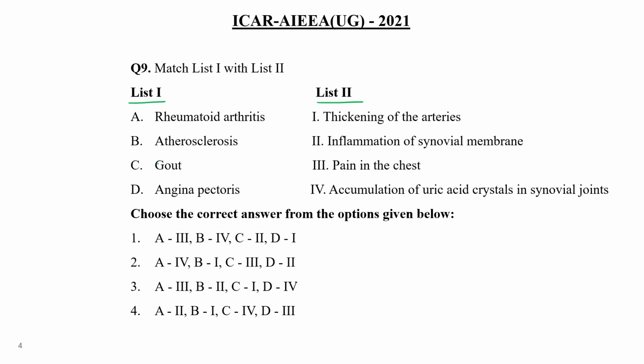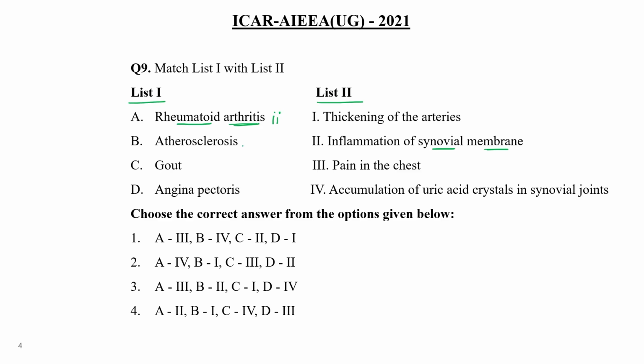So rheumatoid arthritis is a joint-related problem in which inflammation of the synovial membrane occurs in the knee joint. So A comes with the second option, right?